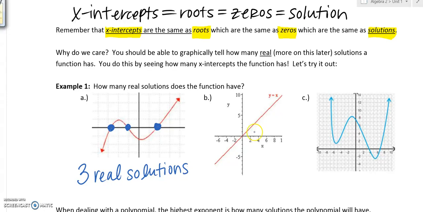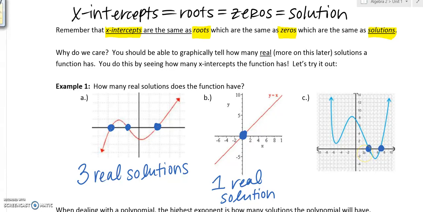Problem B, look at your red line here. How many times does it cross the x-axis? Well, it only crosses once, so I'm going to say I have 1 real solution, or I could say I have 1 real root, 1 real zero, something like that. My next one, I have this blue curved line going on, and I see that only in 2 spots does it cross the x-axis.